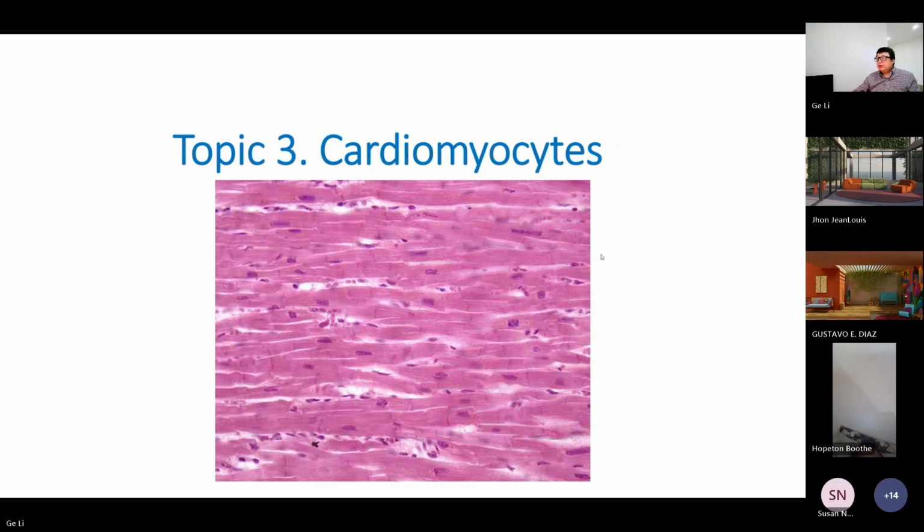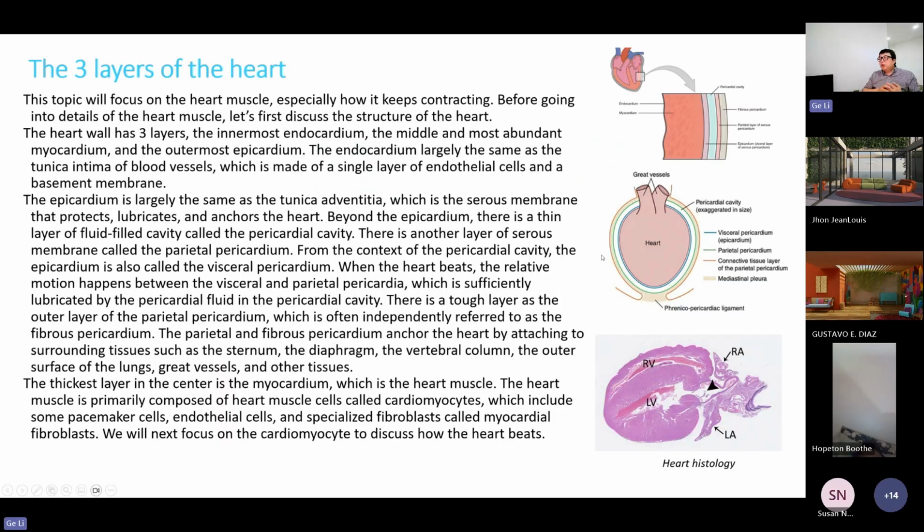Before we even talk about the cardiomyocyte, let's first go over the anatomy of the heart at a microscopic level. Again, we also talked about this in the lab yesterday. This is showing a heart, and this is a cross section of the heart.